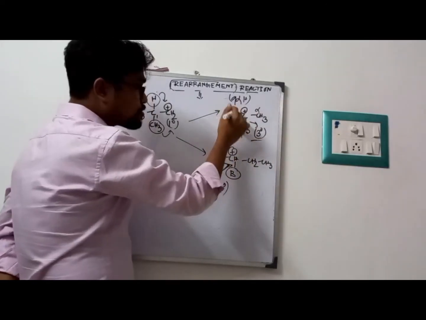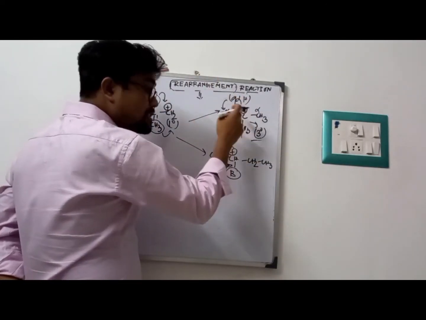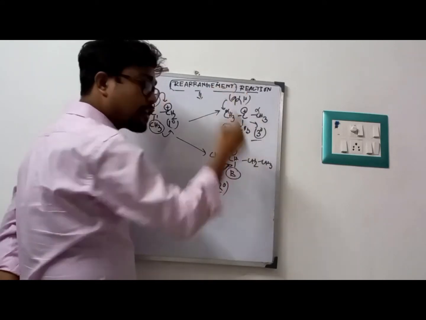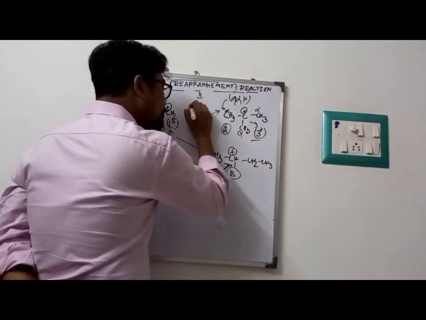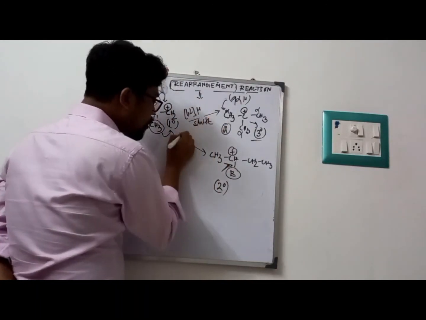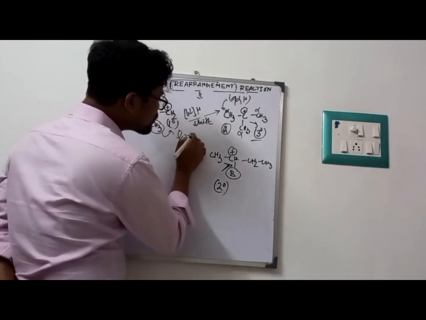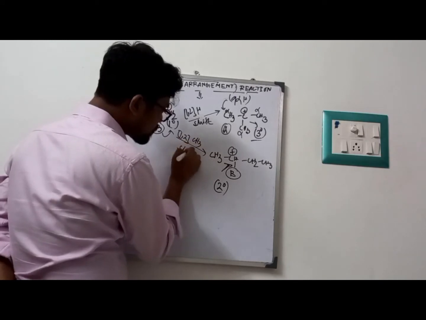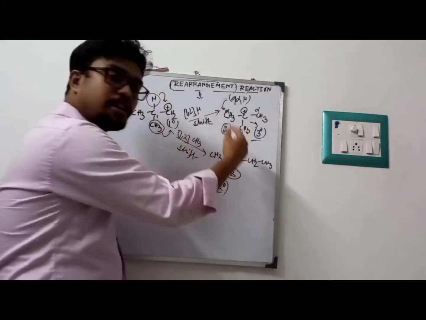Both have 3 hydrogens, so the total is 9 alpha hydrogens. So the carbocation is stabilized by 3 plus I effect and 9 alpha hydrogens. So which shift, this or this? 1,3 hydride shift or 1,2 methyl shift? Which one is favorable? You can see easily that 1,2 H gives more stability.